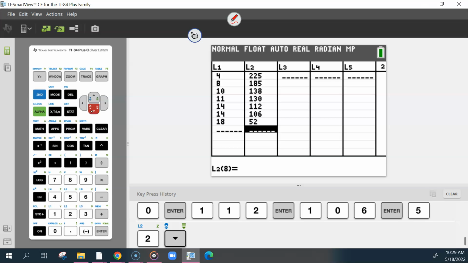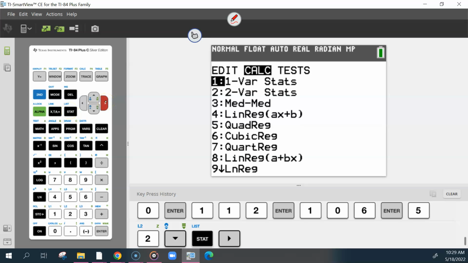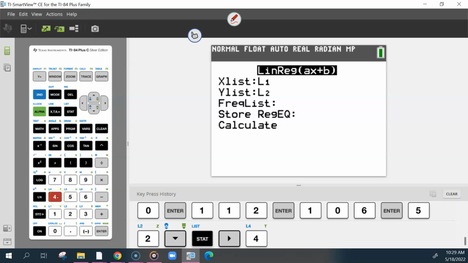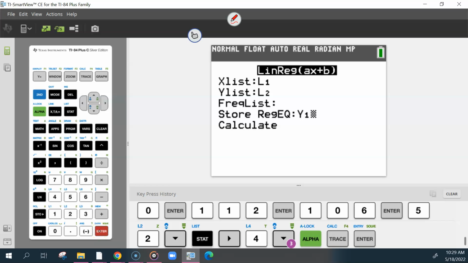Once all of your data is in your calculator, go back into stat, scroll over to calculate, go down to number 4, and because this is asking for you to input a value, I'm going to store this, so go down to store regression equation, and hit alpha trace, pick one of these and store it there, and then hit enter twice, or scroll down and hit enter.